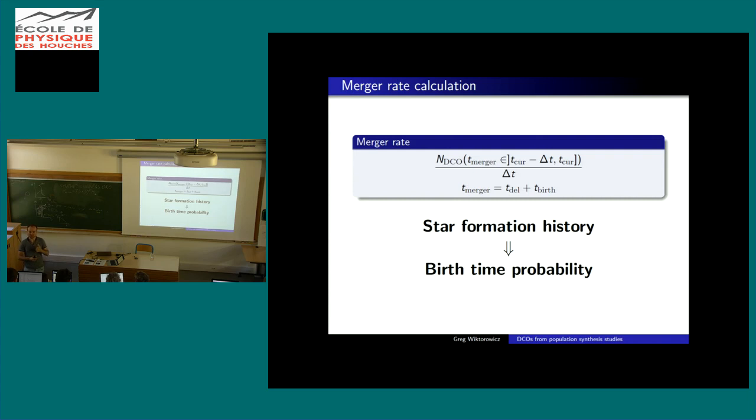Either we do Monte Carlo sampling and just draw the birth time for each of these systems from this uniform distribution, or we calculate a probability from the star formation rate that the birth time will be right for the merger time to be within these limits.